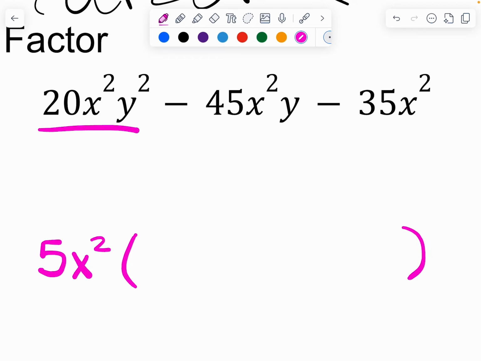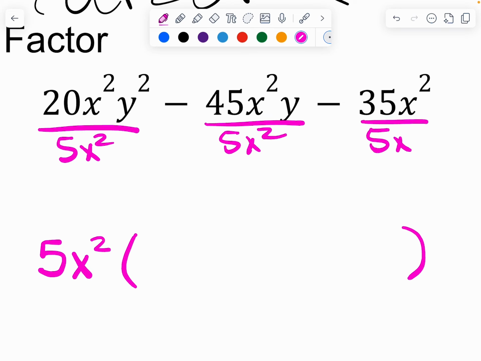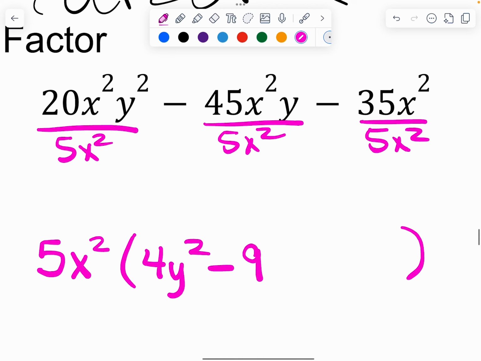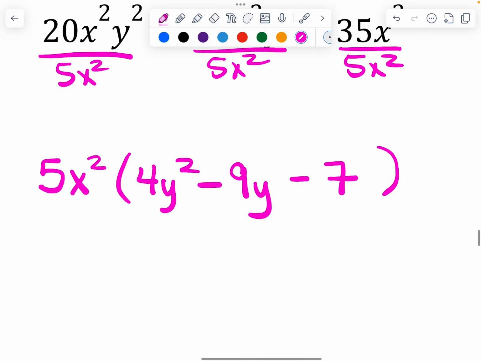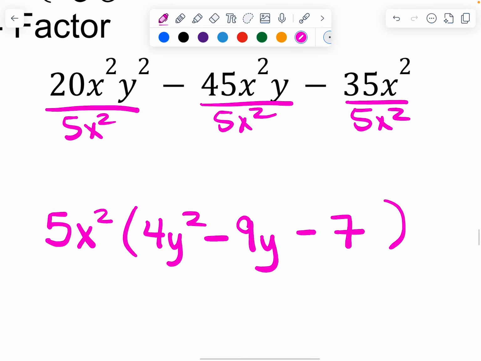So I'm going to divide each by 5x squared. The first one I would get 4y squared minus 9y minus 7. If you were to multiply that 5x squared back through, you would get what we started with.